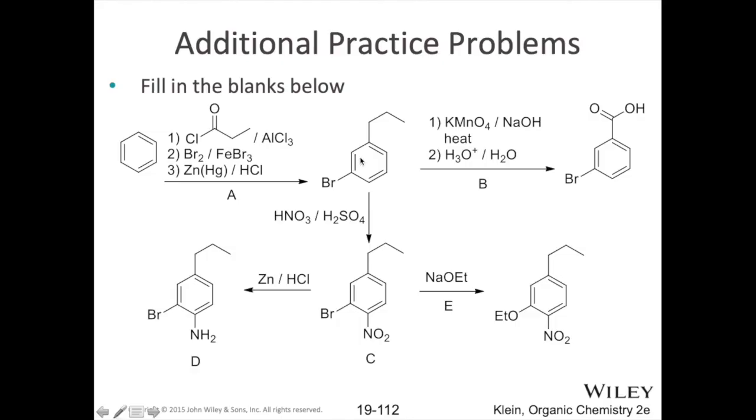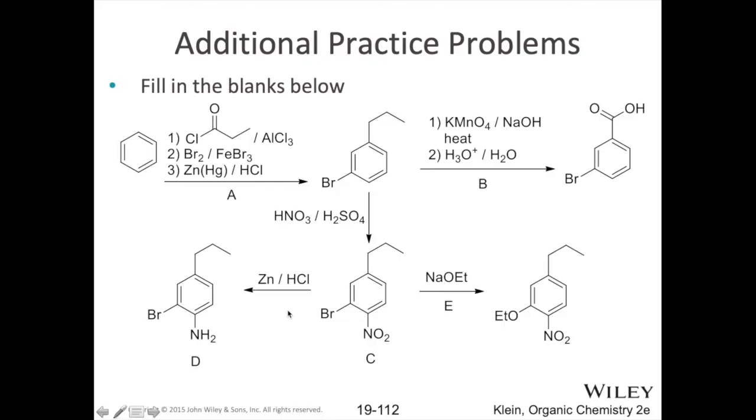Out of those, it makes sense that the nitro group shows up over here. You definitely don't want it over here where it's in between those two bulky groups. And out of these two ortho positions, while the bromine is pretty bulky, it's smaller than this propyl group.